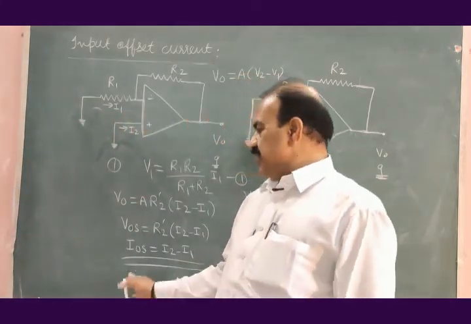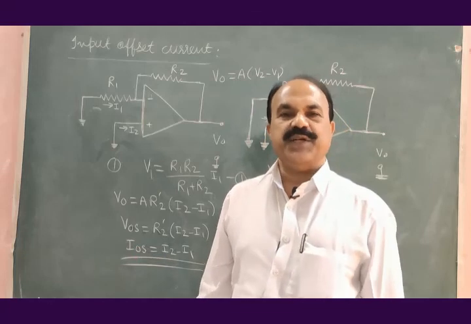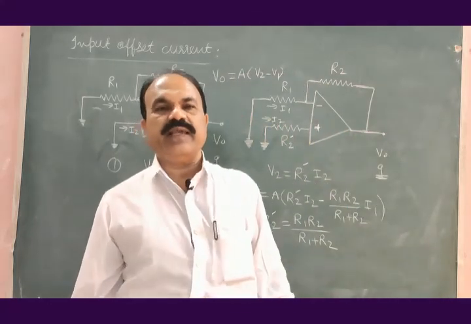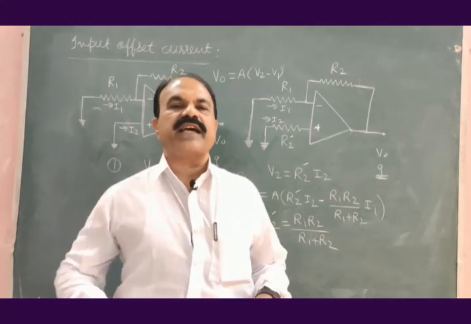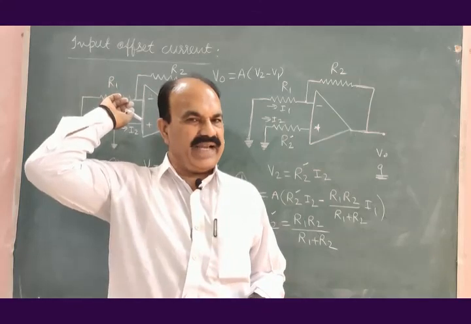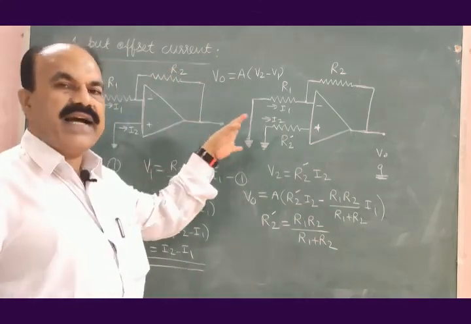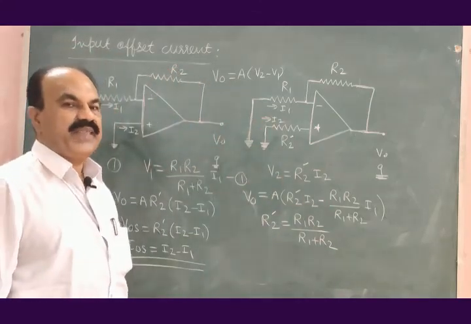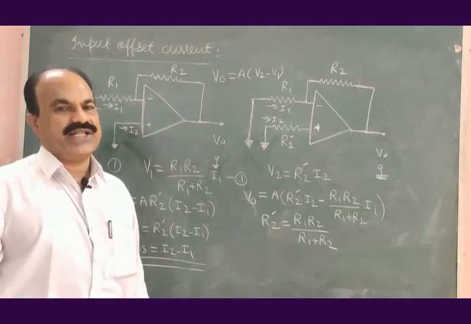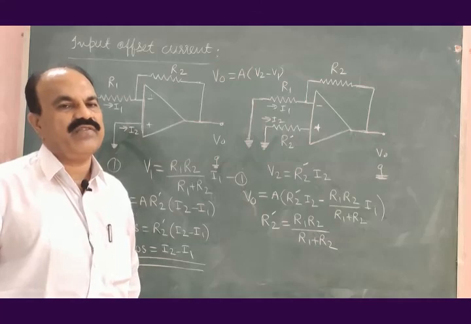Such a current is known as input offset current, which gives rise to the current differential, and this current differential can cause this problem, and this problem can be handled the way I have explained here. This is known as the input offset current of the operational amplifier.